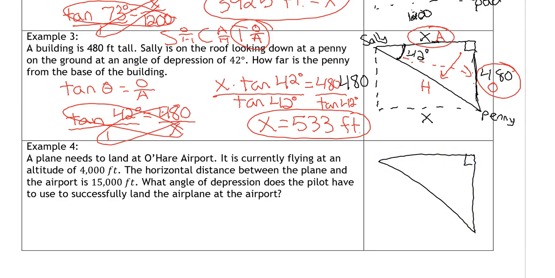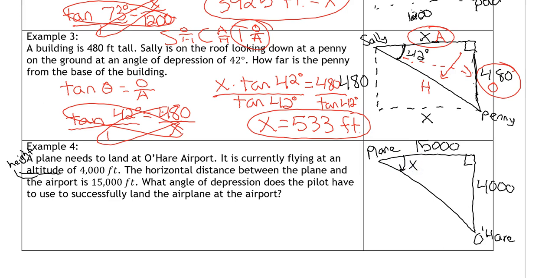The plane is currently flying at an altitude of, okay, so here's our plane, here's O'Hare. Again, remember, altitude is still just our height. So our plane's height here is going to be 4,000. The horizontal distance, horizontal going this way, is 15,000. What is the angle of depression?